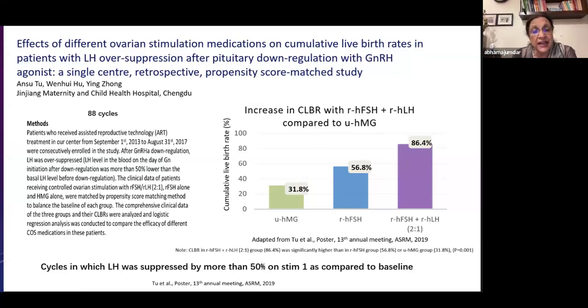These were cycles in which LH was suppressed by more than 50% on stimulation as compared to baseline. So here they picked up those cases where, whatever baseline LH was there, after 5 days of giving gonadotropin, that is FSH, they found that LH was suppressed more than 50%. They were picked up for this study, and they did 3 things, if you see over here.